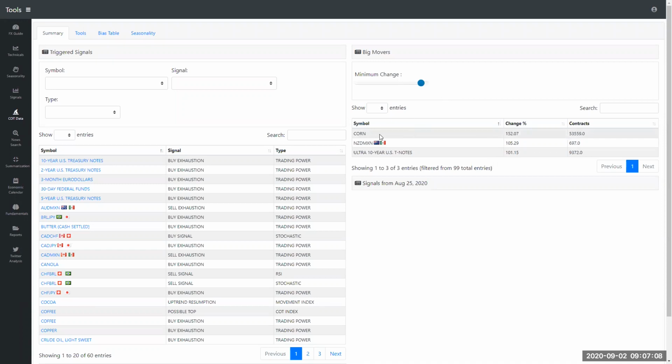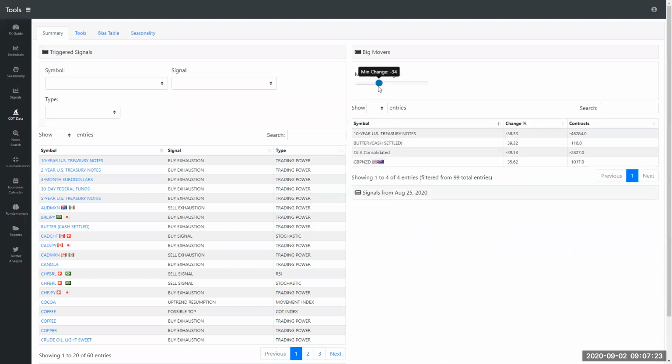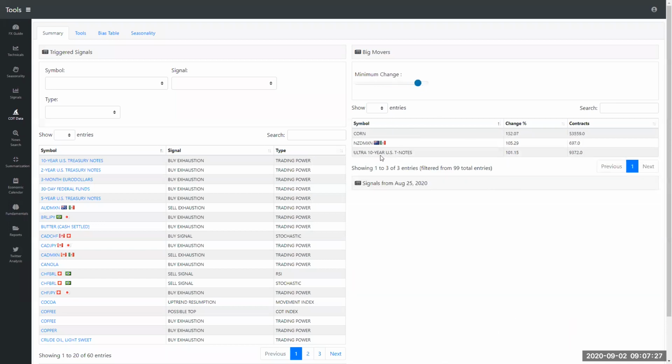So we know that this week corn was massively bought. Okay, so they added 53,000 contracts to the long side. Okay, so this is also going to give you bias and give you intelligence to know what to do, my friends.